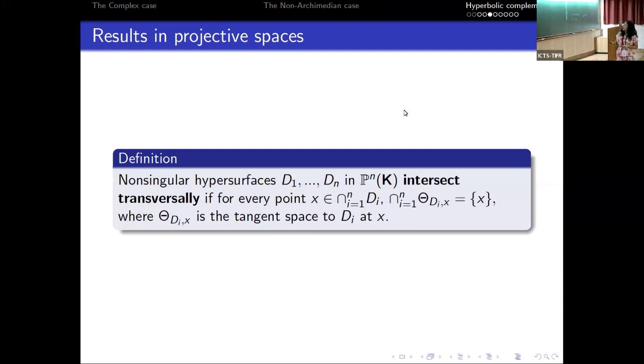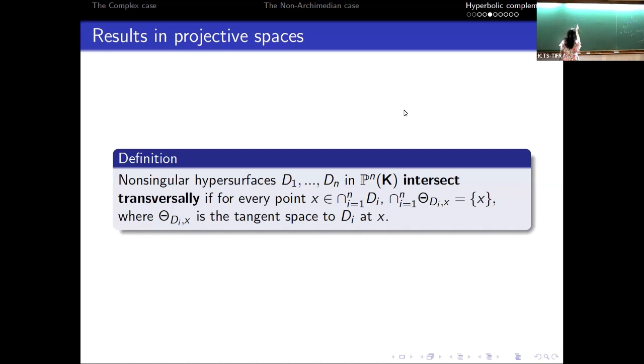So to do that, at first we need the definition of intersecting transversally. By definition it is this, but you can see in the picture. There are two curves.